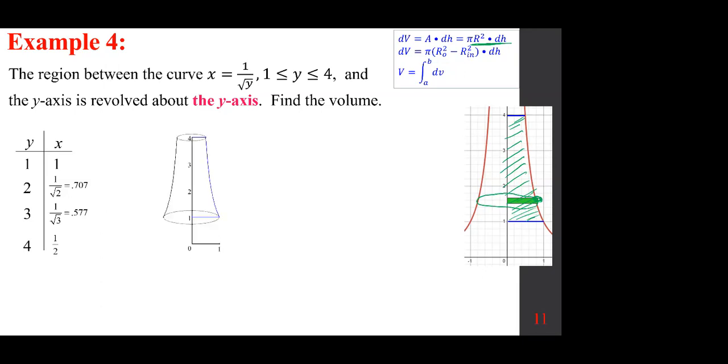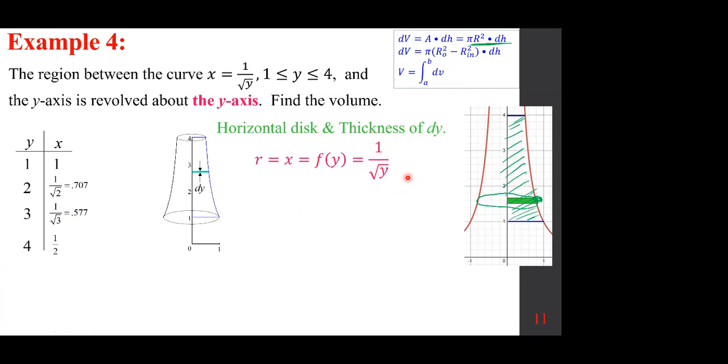By the way, it creates a shape like that, a horizontal disk, with thickness dy. So r, or x, or f of y, or 1 over square root of y. This is x. So basically plug it into this. Replace the r with 1 over square root of y, and square it. Replace the h with dy.